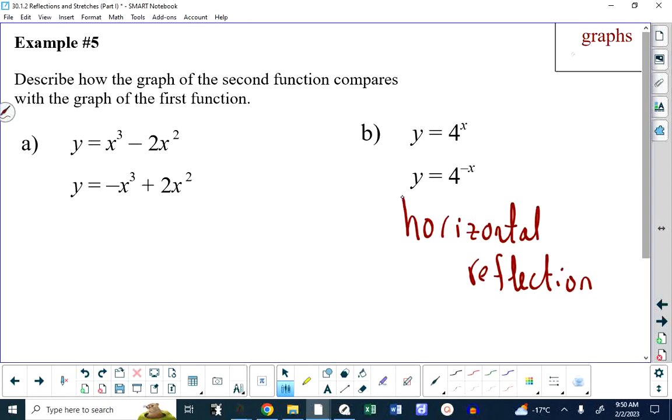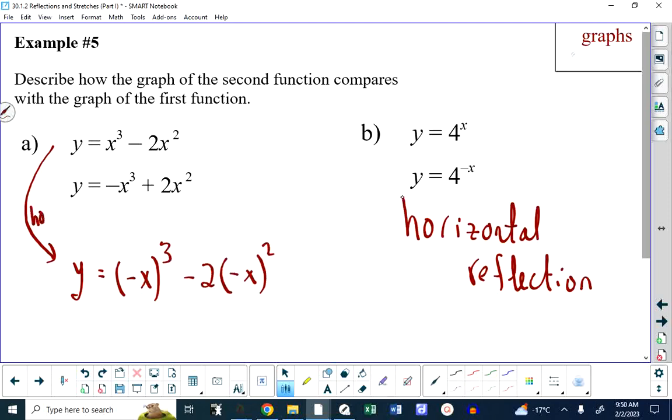You know what we could do? We could take a look at A and say, if it was horizontal, then we would end up with this. This is horizontal. I'm not claiming it is.